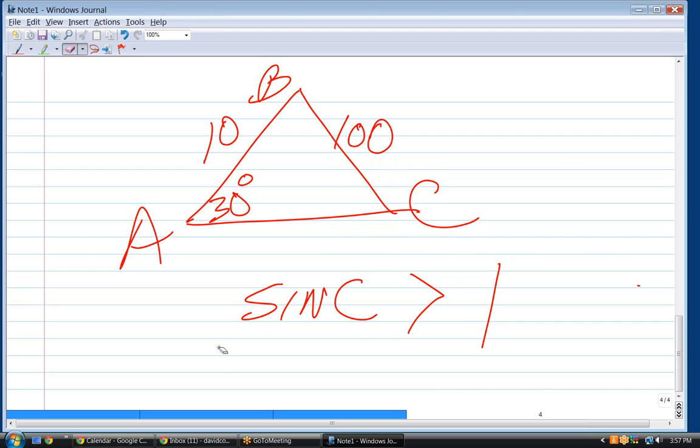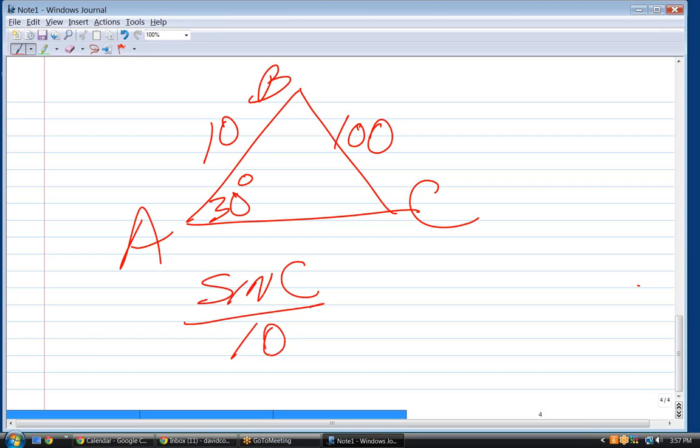Okay? And what's going to happen, let's go ahead and just quickly, we got 3 minutes, let's try to solve this triangle. So I would have the sine of C over 10 has to be equal to the sine of 30 over 100.